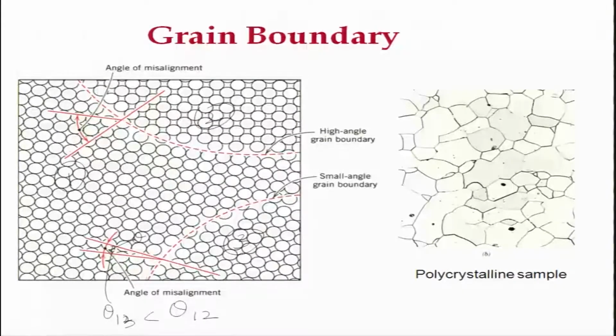If I take the same direction in grain 2 and grain 1 and then calculate the angle, this angle is larger. Okay. So, this grain boundary will be called a high angle grain boundary, this would be called a low angle. I will come to the magnitude in a short while.